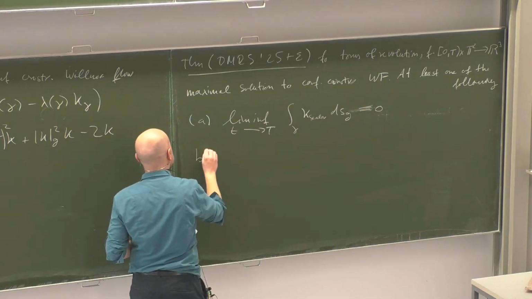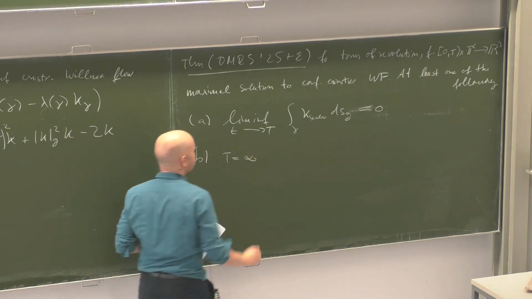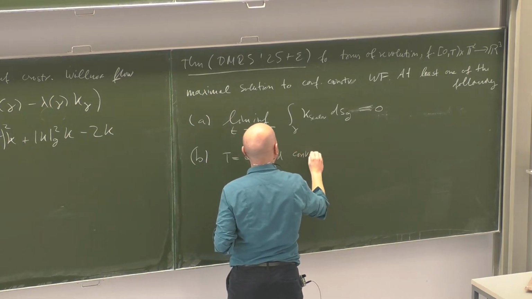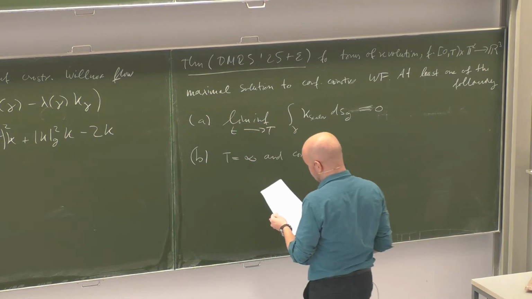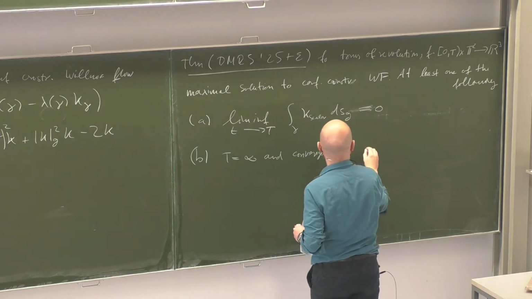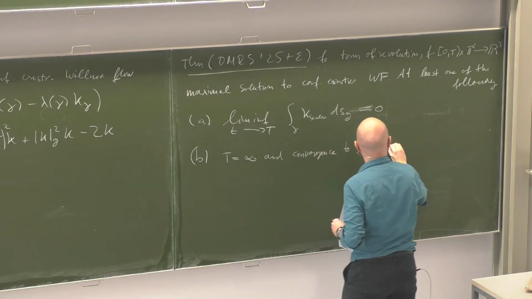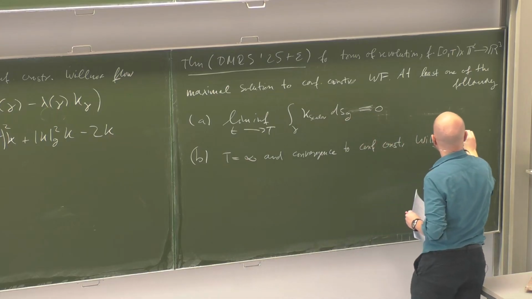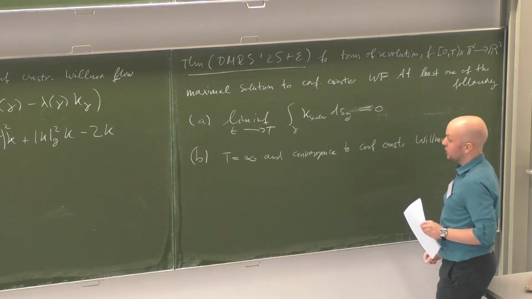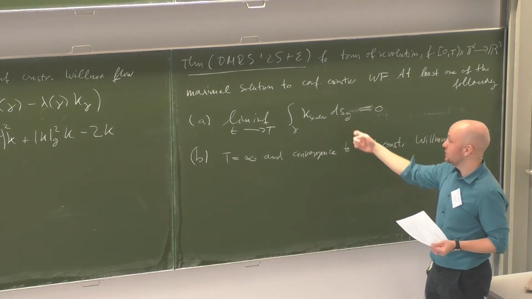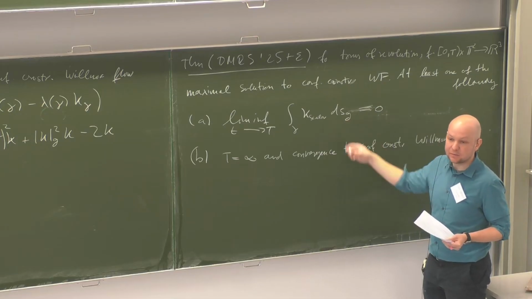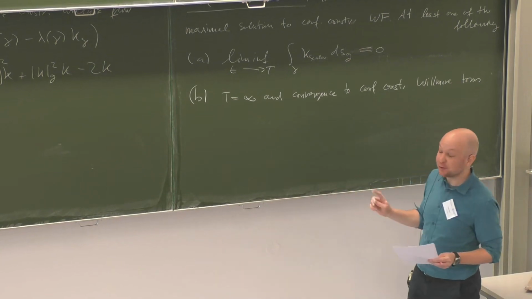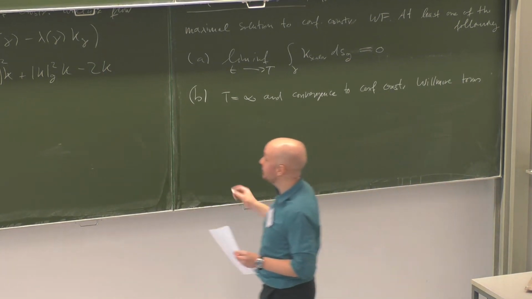And if this does not occur, we necessarily have infinite existence time and convergence to a conformally constrained torus. So if there exists a singularity, necessarily we are in case A. This would not be so interesting if we cannot exclude case A, but we can.